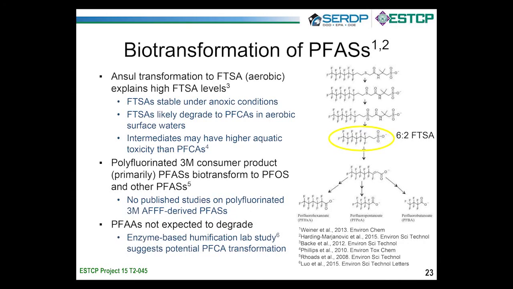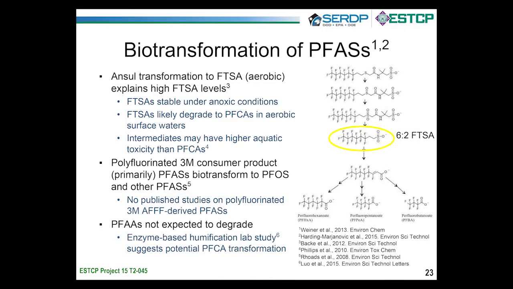And what's notable is that we don't really understand the toxicity of many of these intermediates, but there is some evidence to suggest that the intermediates have some toxicity of their own that might be of concern, even though those are not, for the moment, the primary drivers of risk at many of these sites.